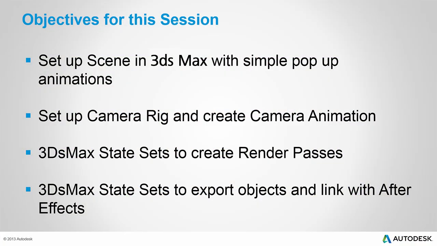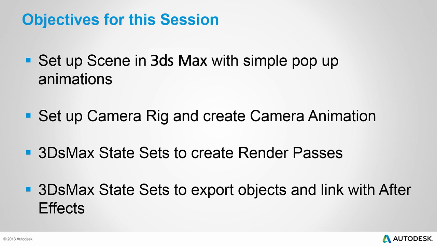So here are the objectives for this session today. At the end of this tutorial, you should feel comfortable accomplishing the following tasks. The first one is how to set up a scene in 3D Studio Max with some simple pop-up animations, similar to what was in the video and how the buildings were revealed throughout the animations. We'll be focusing on animating visibility, animating simple translations, and then also animating some modifiers.